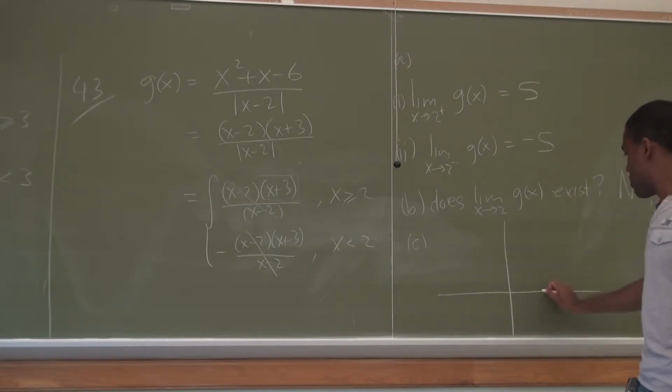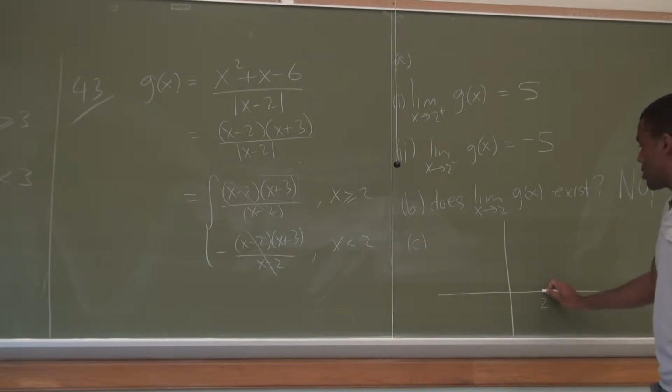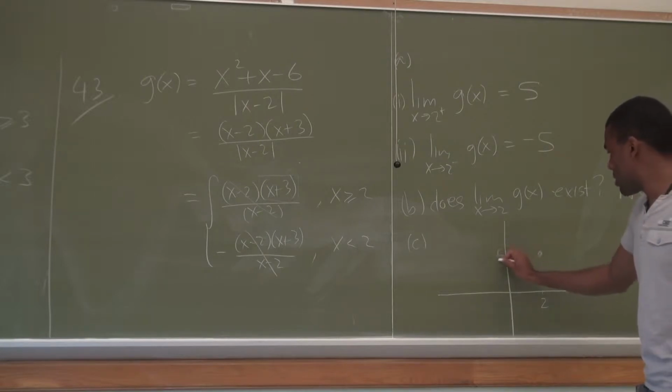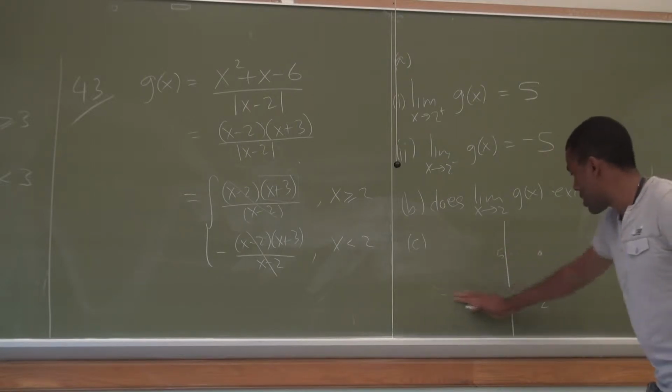Just like at 2, negative 5 and 5. This is 5. I should have drawn this horizontally.